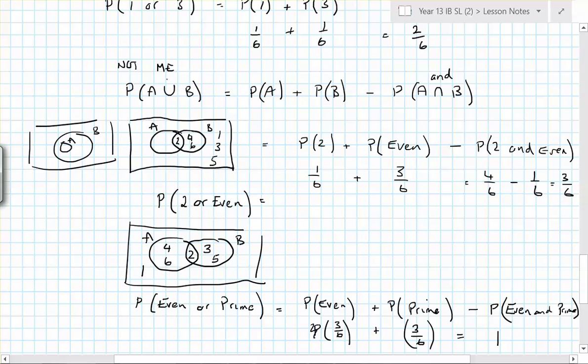So that union is the OR. So when you're using Venn diagrams, basically, it's as simple as that. If you have one or the other, you add them together, or if they're not mutually exclusive, you have to figure out which one's included twice.